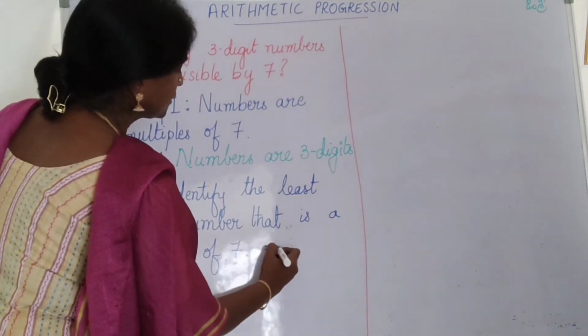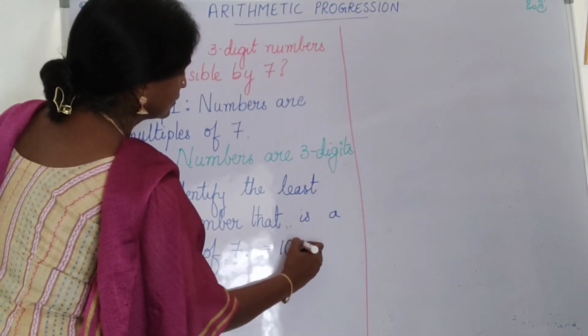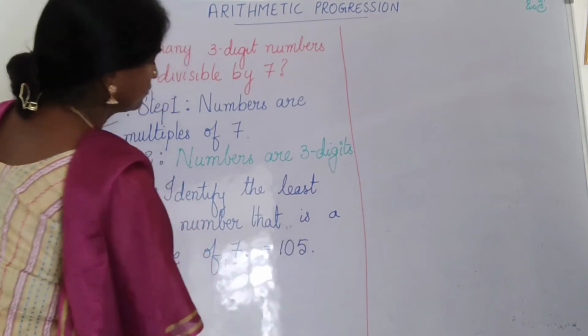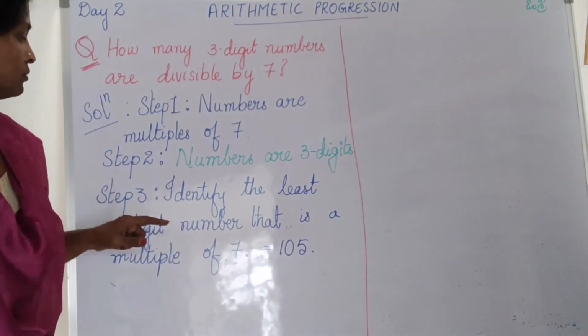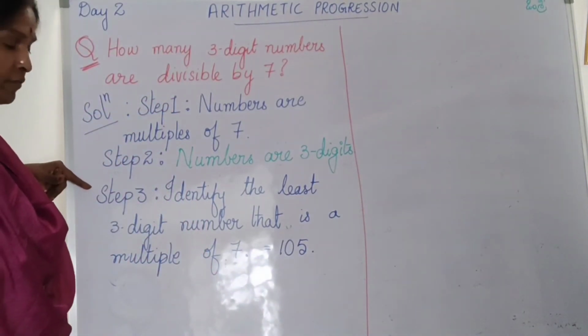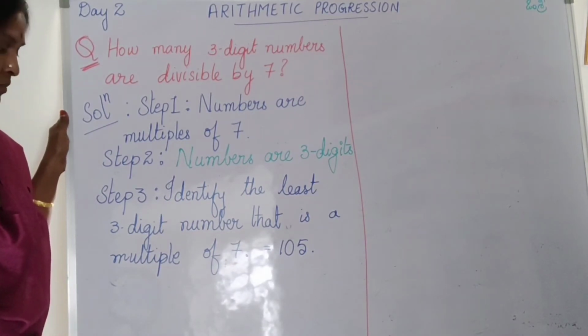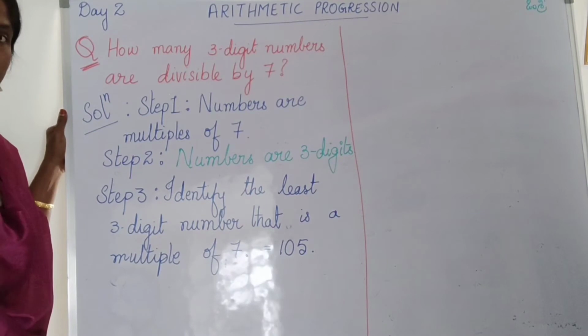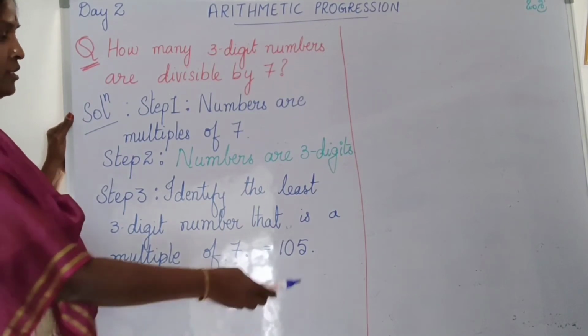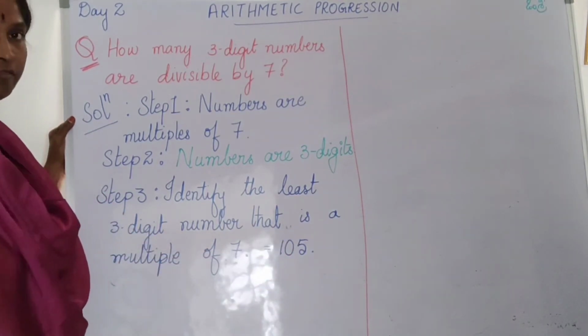So, we'll get it as 105. So, third step, what have we done? We have identified the least 3-digit number that is a multiple of 7, which is equal to 105.